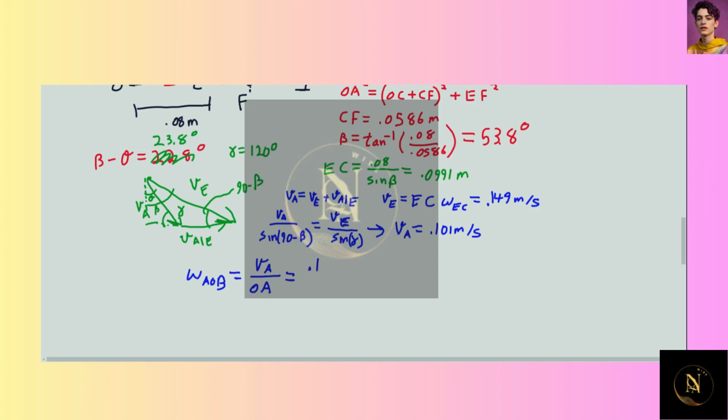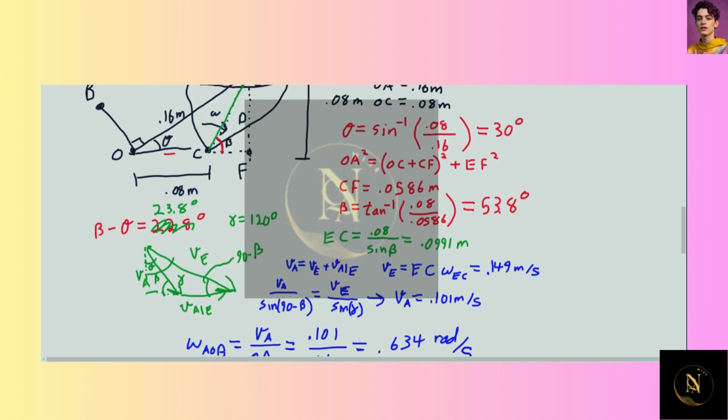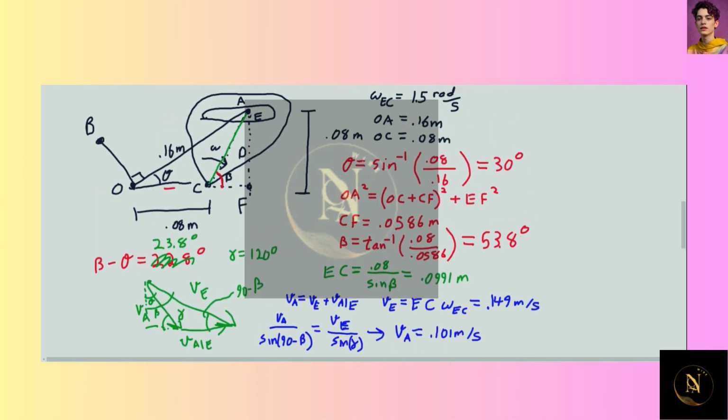So that would be 0.101 divided by 0.16, which would give us about 0.634 radians per second. And we need to figure out which direction this would be moving in. So I'm going to scroll back up to the diagram a little bit. If A is moving to the right, that means this entire thing should be rotating in the clockwise direction.